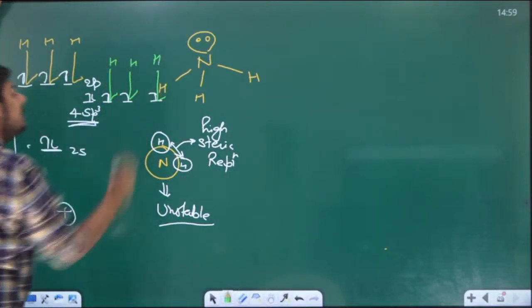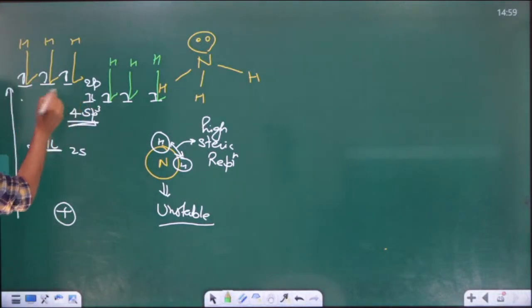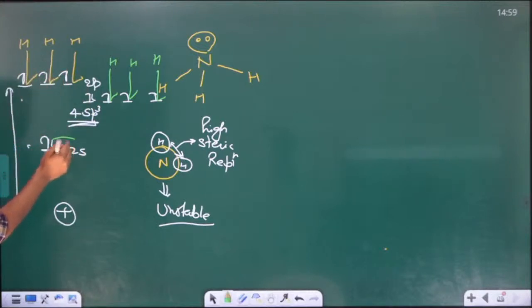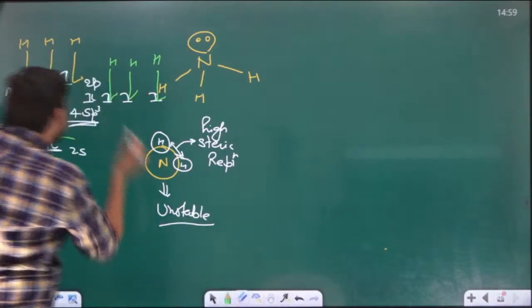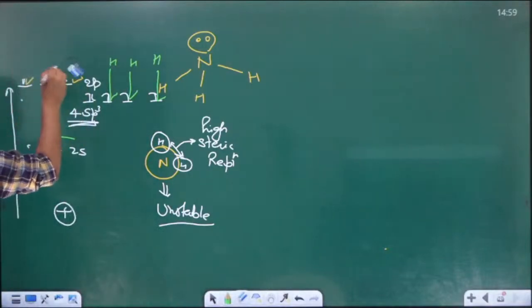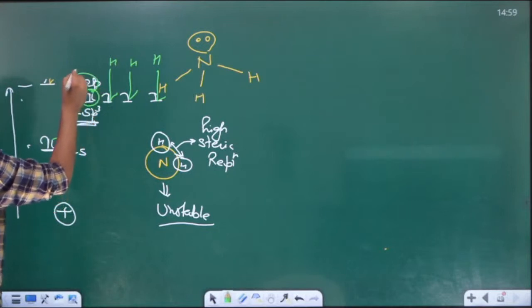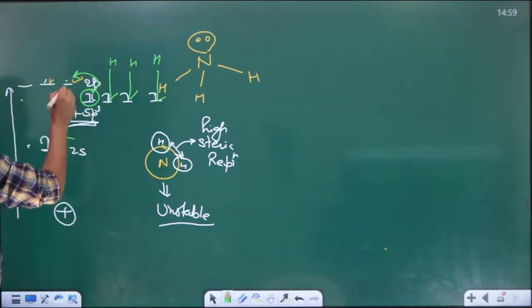But with this bonding picture we also used to say that the newly formed orbitals always have energy equal to the average of these four orbitals: three orbitals of higher energy, one orbital of lower energy. So I can say that the newly formed orbitals will have energy close to 2p, and when they have energy close to 2p in this type of bonding state, at room temperature these electrons gain energy and change their nature from sp3 to pure p.